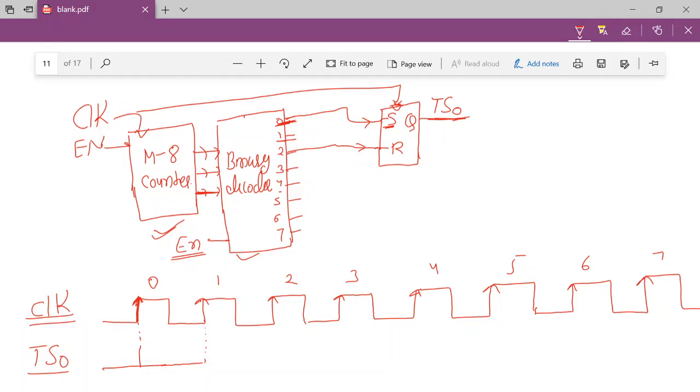That's why when the modulo 8 counter produces 0 at this positive edge triggering event, this TS0 will become 1 in the next positive triggering event. Although in the same clock cycle this 0 will reach the binary decoder and the S, the impact of this change of S will arise in the next clock cycle, right? At the next positive trigger event.